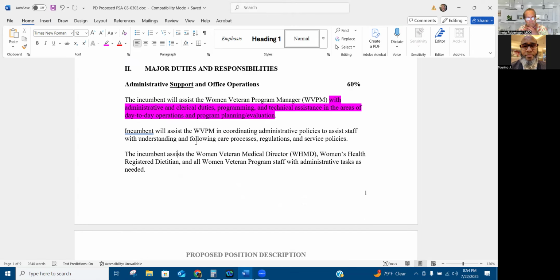The incumbent will assist the program manager in coordinating administrative policies to assist the staff with understanding and following care processes, regulations, and policies.